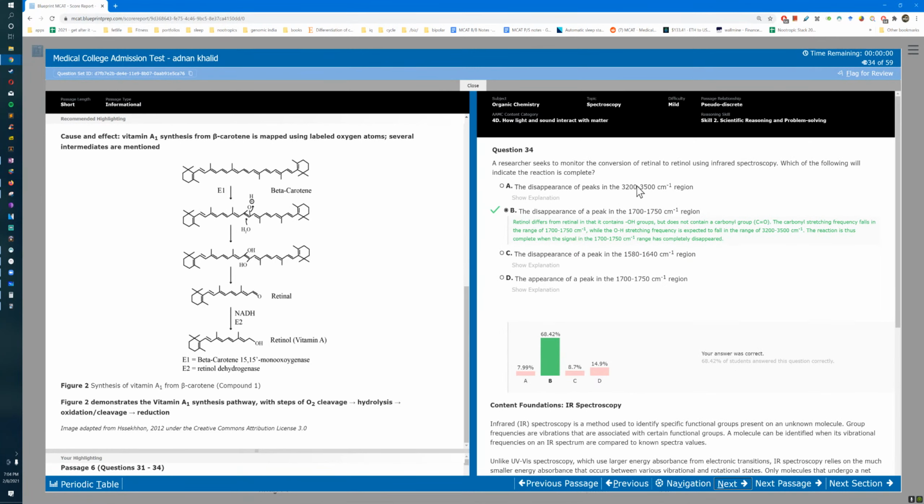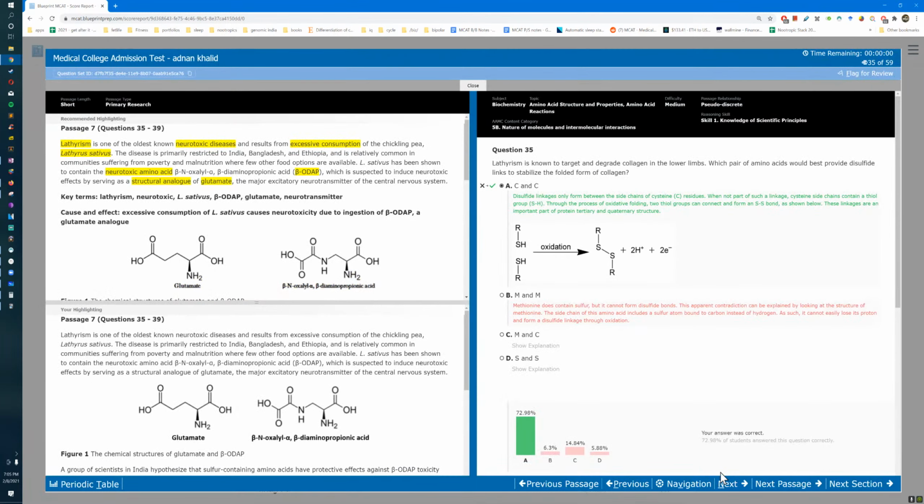So you should know this IR peak, it's the one they ask most of the time. The carbonyl group is always going to be at 1700 to 1750, and that's lost when you turn it into an alcohol. So it's going to be a disappearance there.